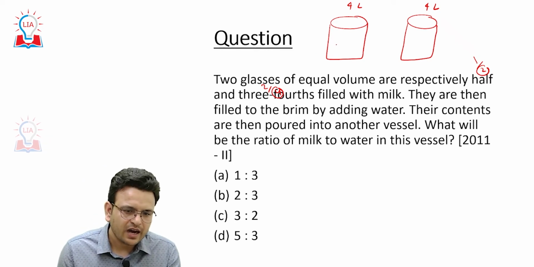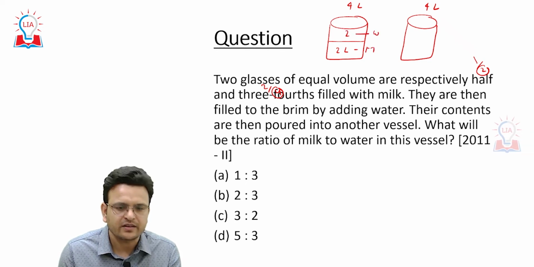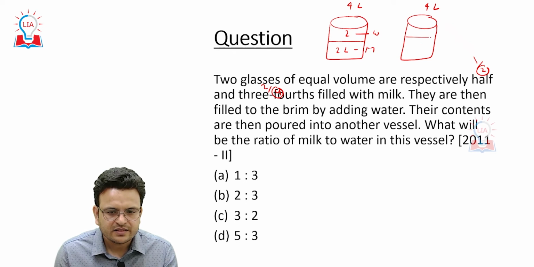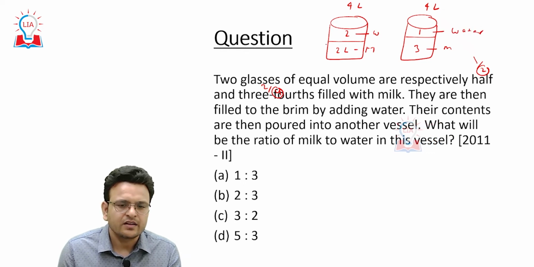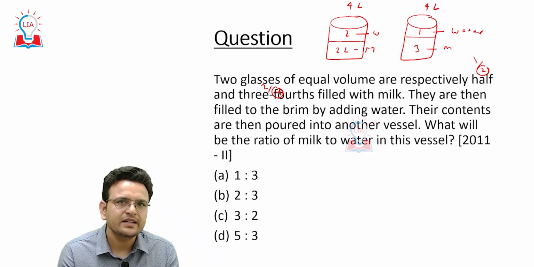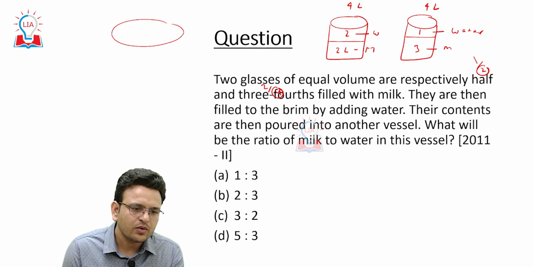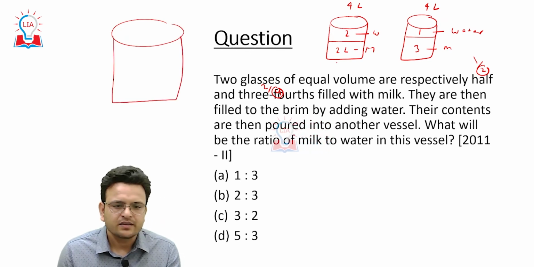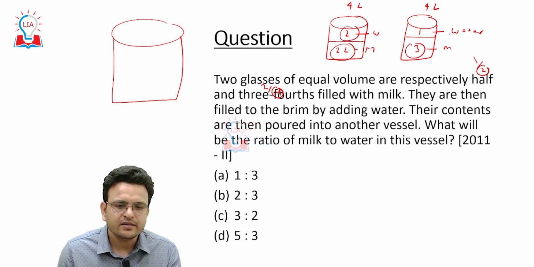First glass is half filled, means 2 liter milk and 2 liter water. The other is 3/4, means 3 liter milk and 1 liter water. Both these glasses are again poured into another glass. So here we have to add milk with milk and water with water.